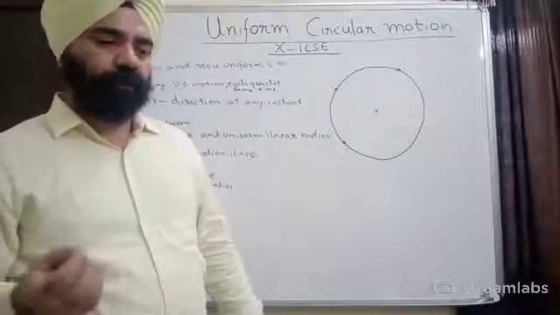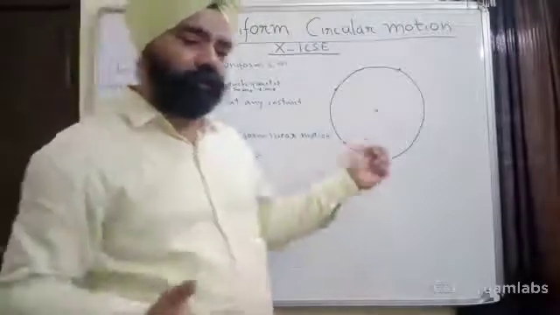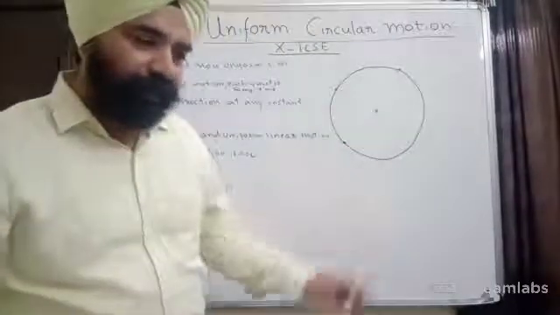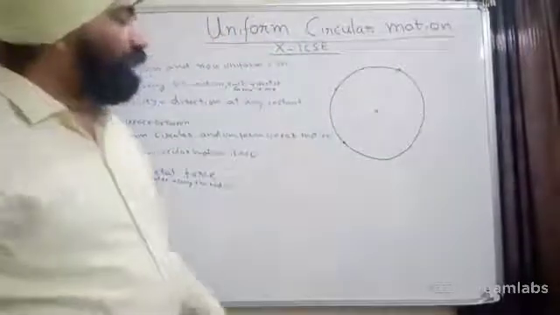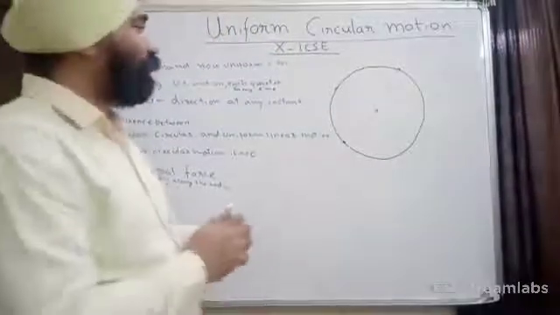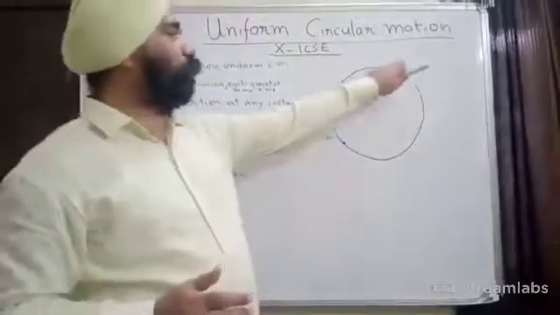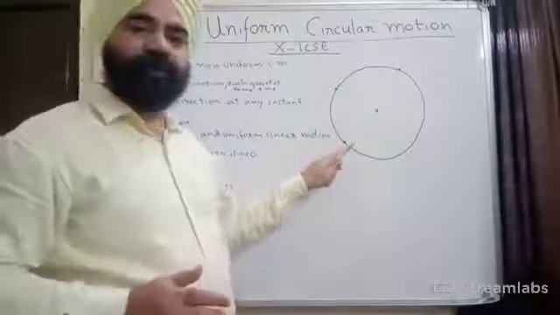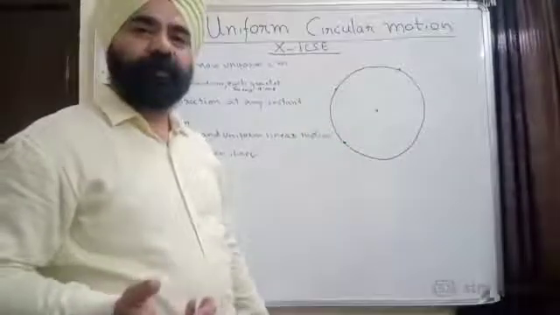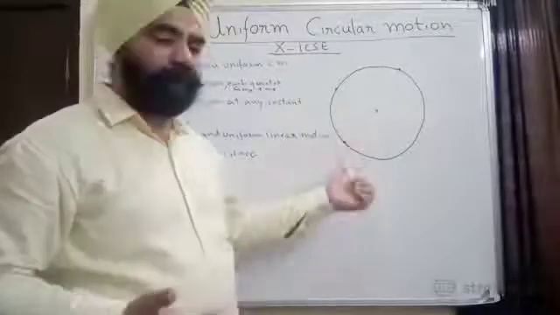Should I repeat it? Uniform. Very nice. Uniform circular motion. Tarun says that it is uniform circular motion. And if the speed here was 10 meters per second, here it becomes 15, here it becomes 17, then it is non-uniform, which means now it is covering unequal distances.